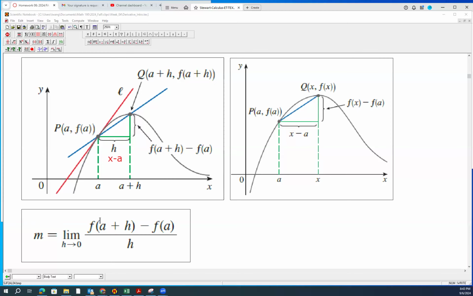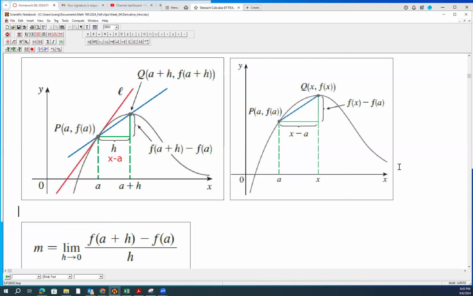Let me write it down here: h equals x minus a, and then x would be equal to a plus h.